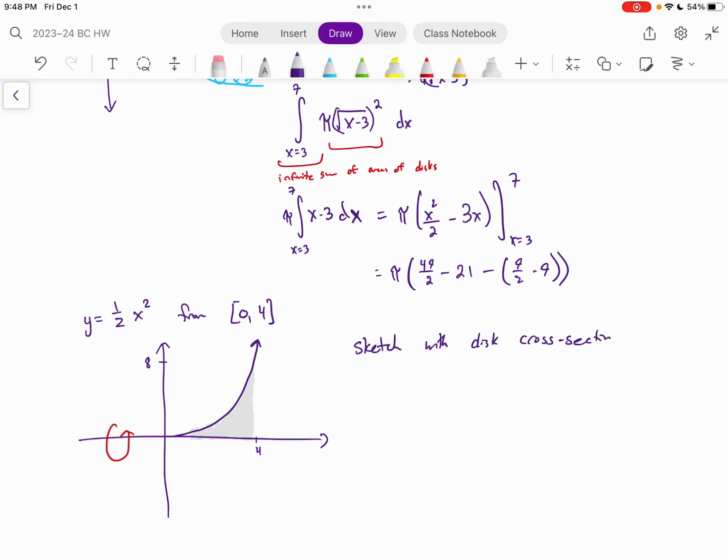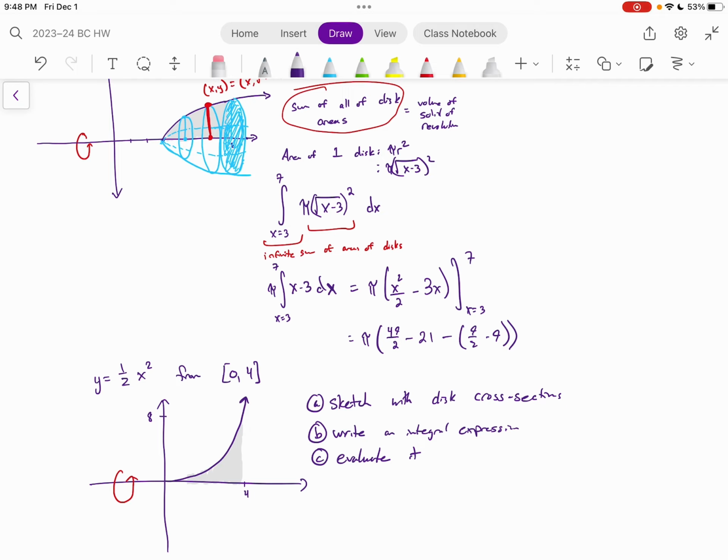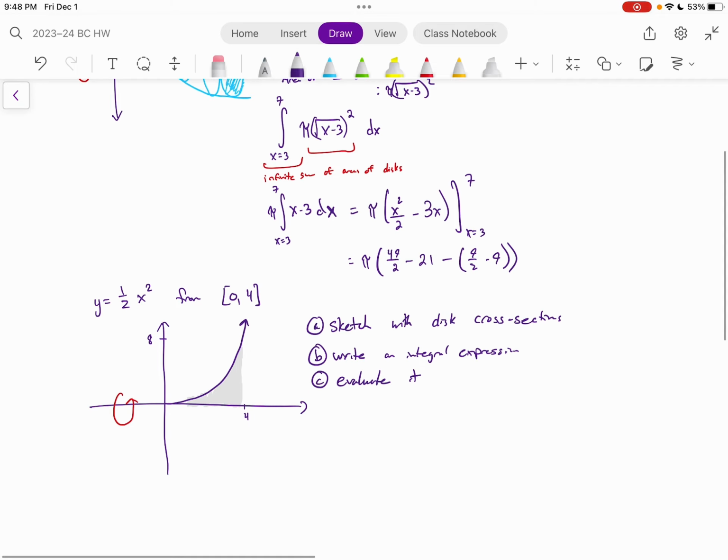That's the first part. Let's write an integral expression, and let's evaluate it. Maybe you can ask yourself, is that going to be more or less than this one up here? Maybe you can play with that.